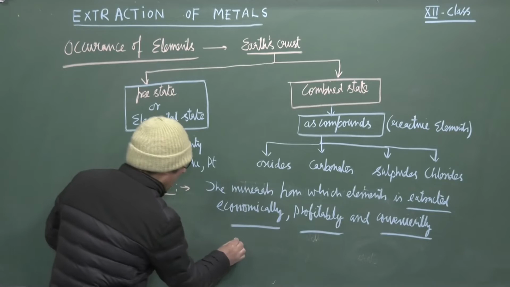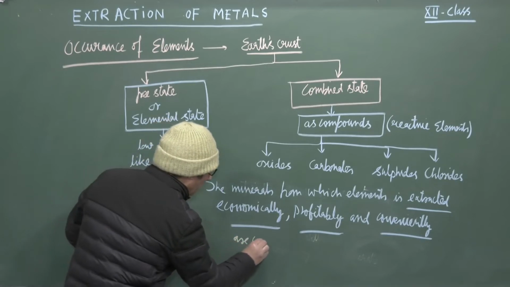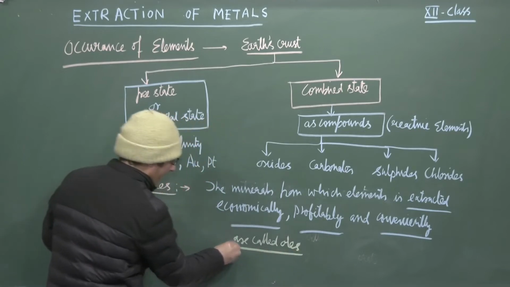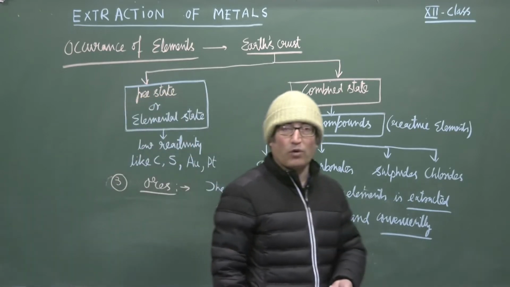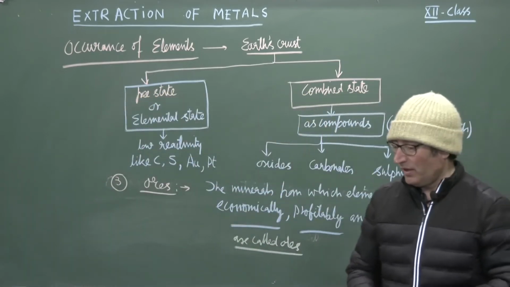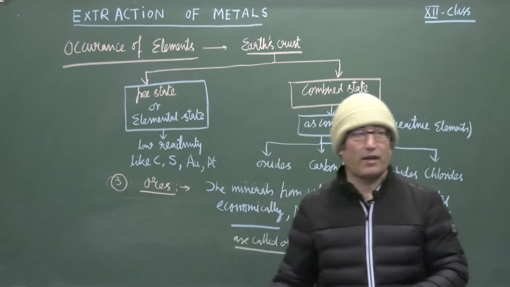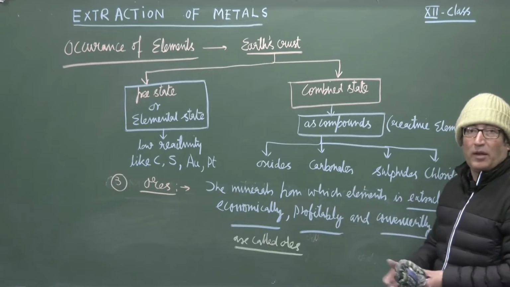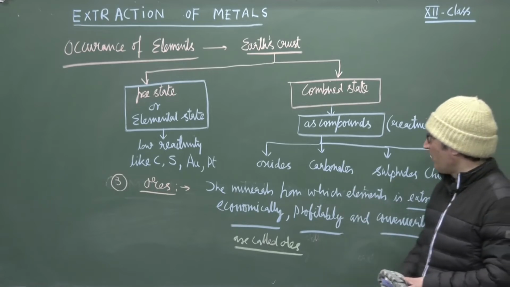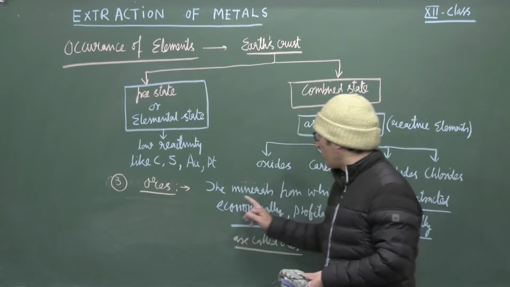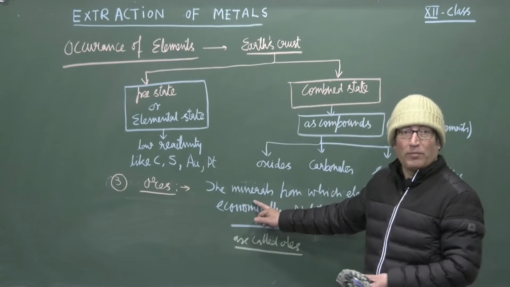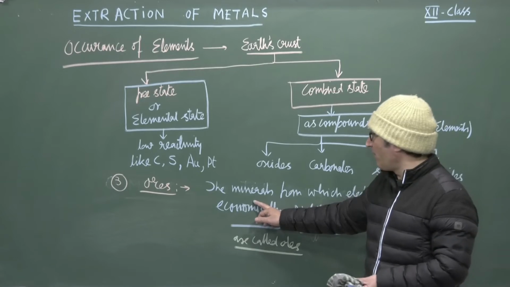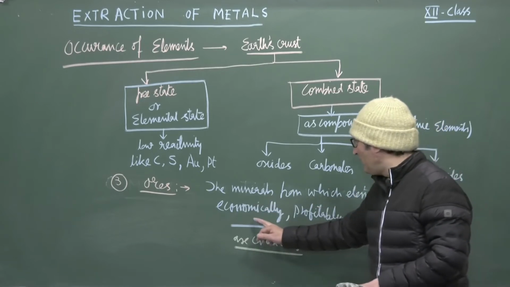Such minerals are called ores. So it is the ores from which a metal is extracted on a large scale. If you make a comparison between ores and minerals, all ores are minerals, but all minerals are not ores, because all minerals do not satisfy these criteria.